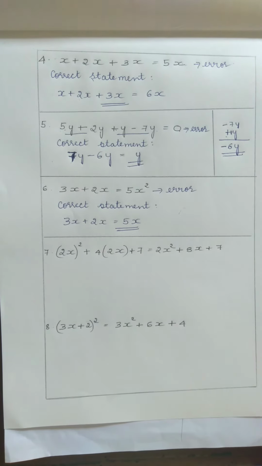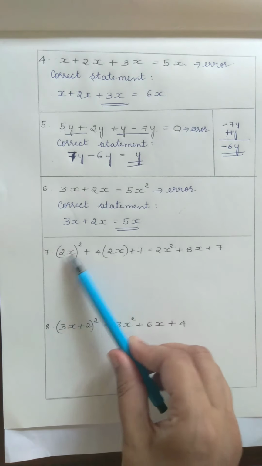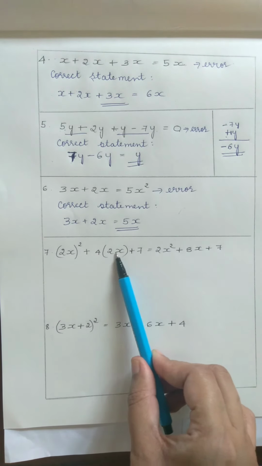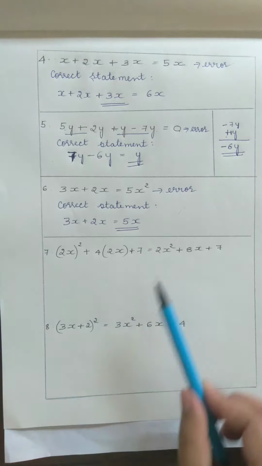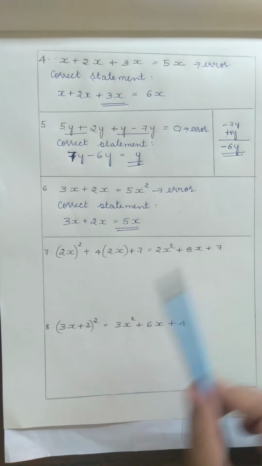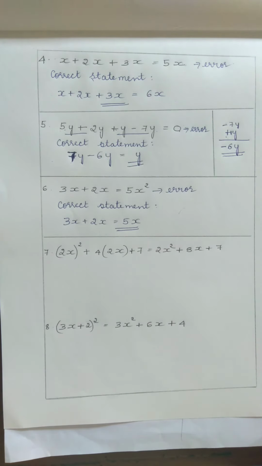Now look into the seventh problem. 2x whole square plus 4 into 2x plus 7 is equal to 2x square plus 8x plus 7. Let us check whether this is a correct statement or it is having an error.